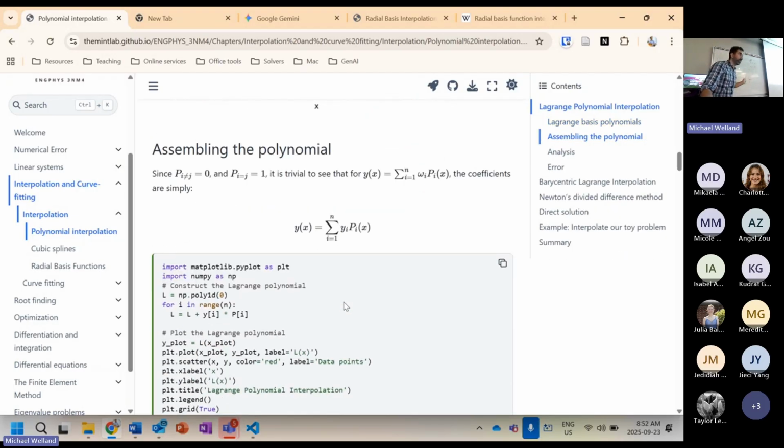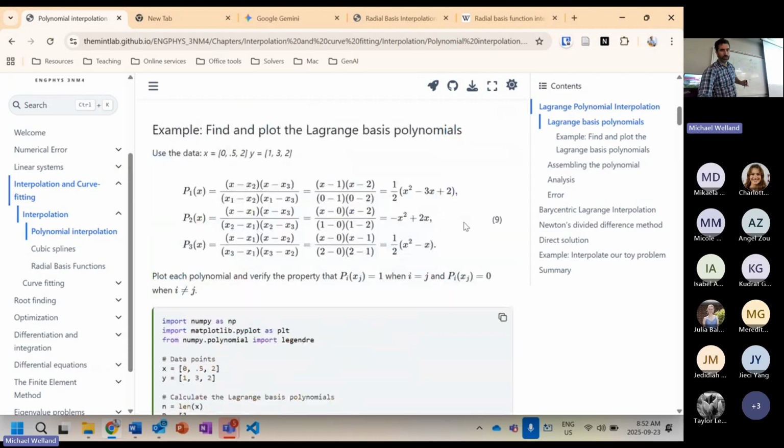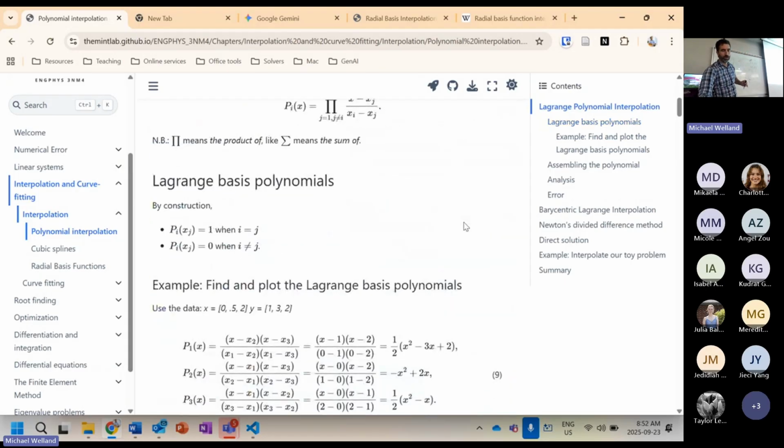Then you assemble it. And then the question is, well, wait a second, what weights? The total polynomial, the total fit, is the weighted sum of these individual Lagrange polynomials. I'm always mixing up Lagrange with Legendre. Lagrange polynomials, sorry.